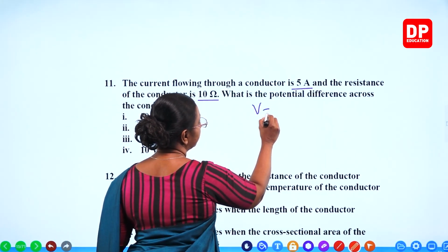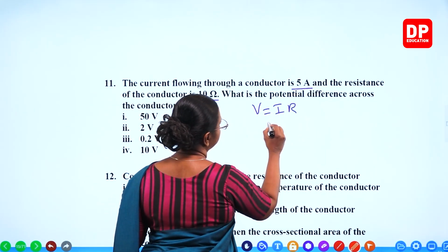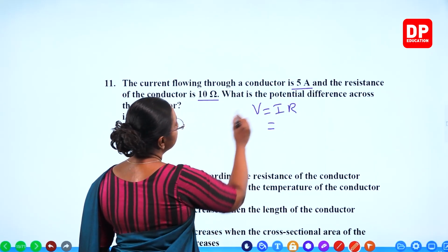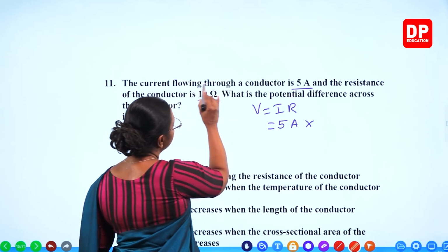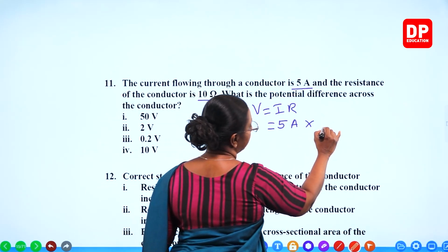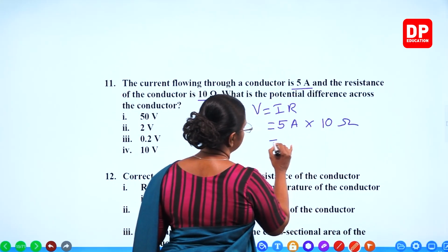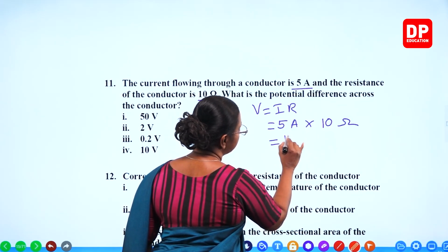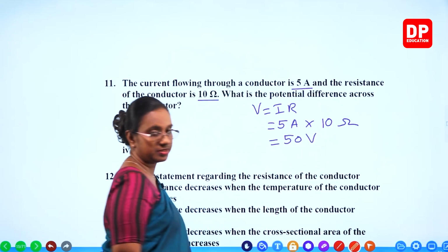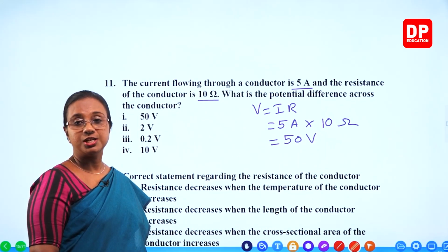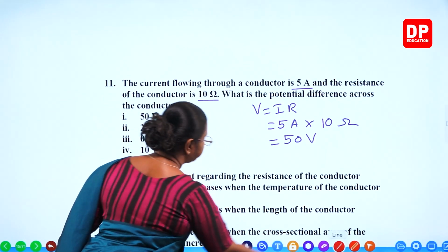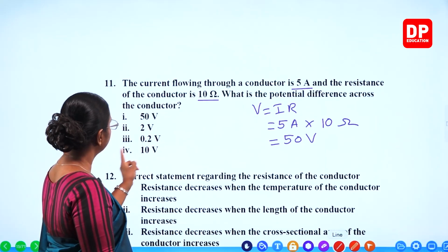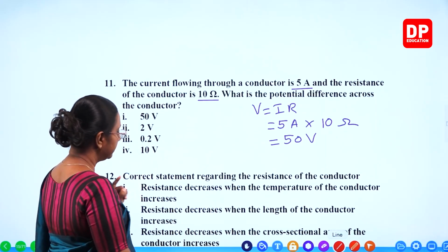So, V equals IR. I is given as 5 amperes and R is given as 10 ohms. So 5 times 10 is 50 volts. That is the potential difference or voltage. So the answers are there: 50 volts, 2 volts, 0.2 volts, 10 volts.